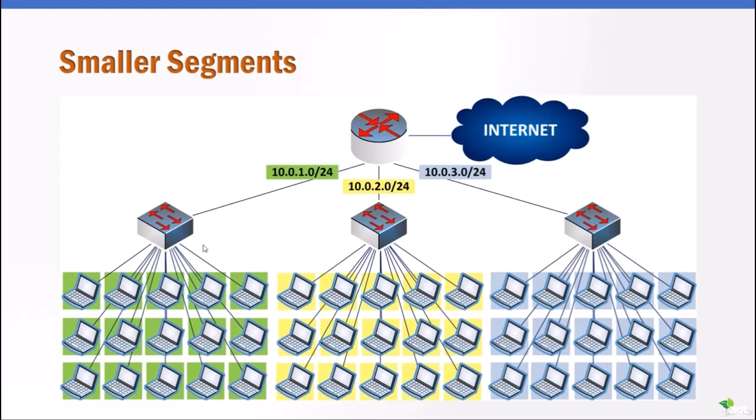In this case, the first network or the green network is going to be 10.0.1.0/24. This is the network IP address. And then to the interface of that network, we're going to assign, for example, 10.0.1.1.